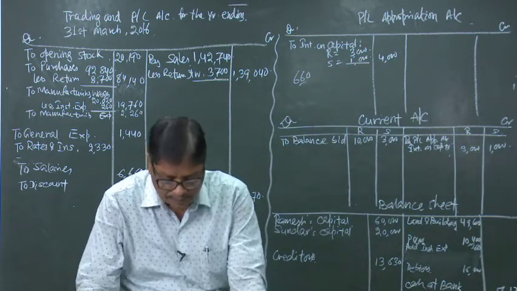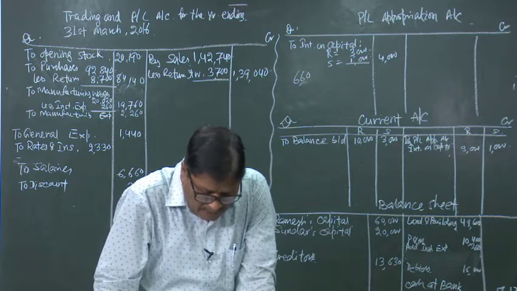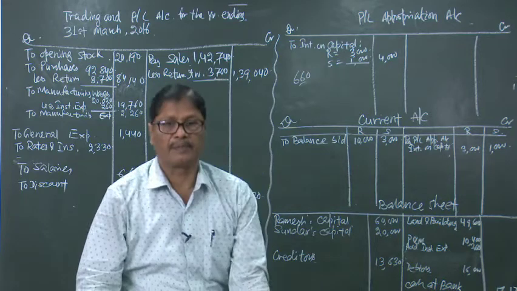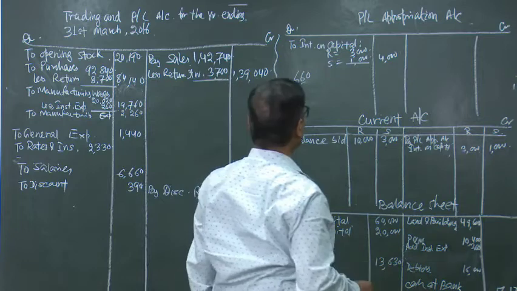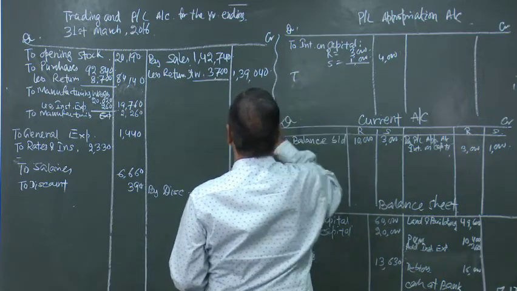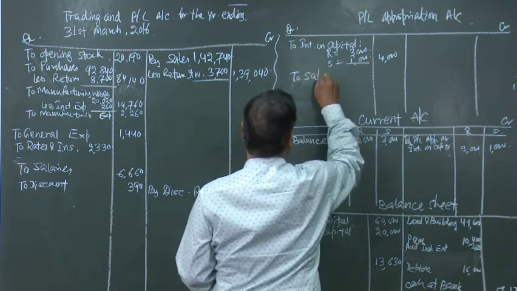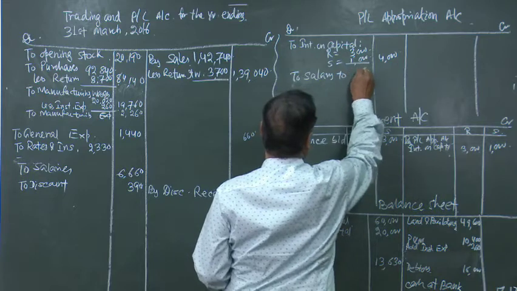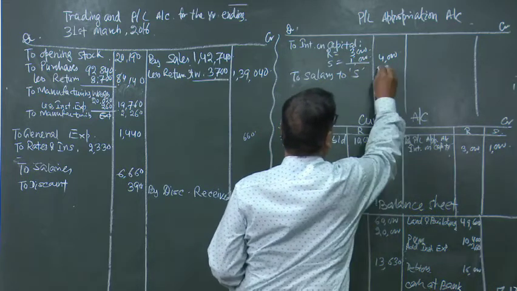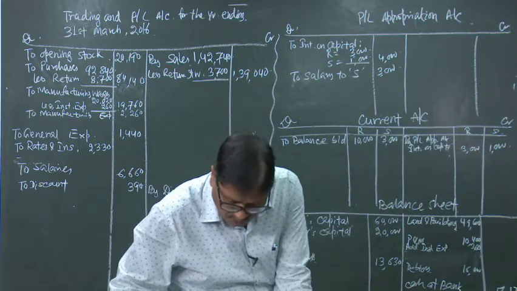Then Sundar is also entitled to 3,000 rupees per annum as salary out of the net profits. So, we can write to salary to Sundar 3,000. So, it is only Sundar getting.